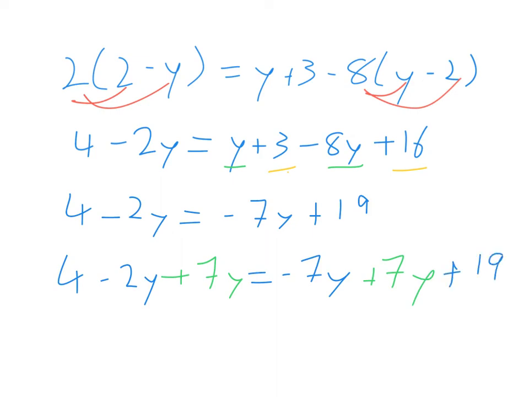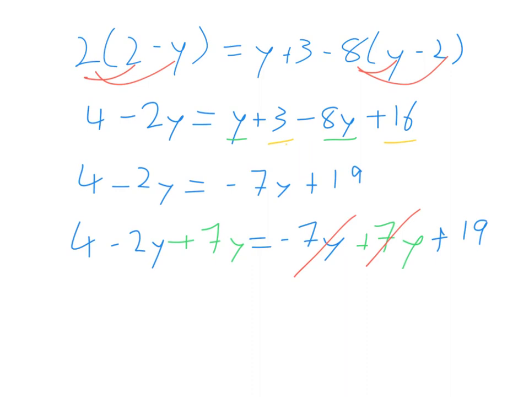So again, the point of this, minus 7y plus 7y will cancel. We also then on the left hand side can simplify things as well. We have two y terms over there, so minus 2y plus 7y will give us plus 5y. On the right hand side, we're just left with 19 then.